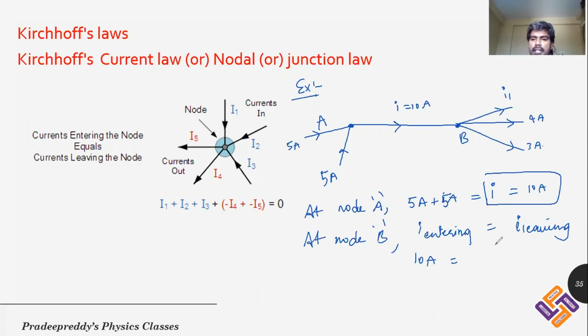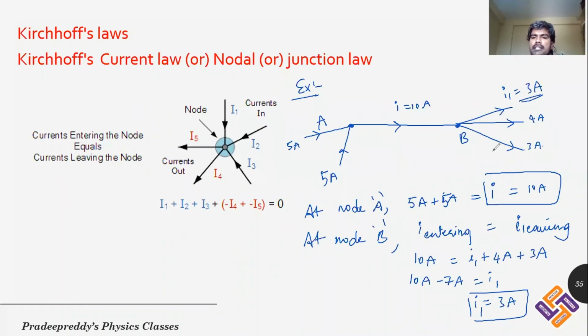And how much is current leaving? It is I1 plus 4 ampere plus 3 ampere. So 10 ampere minus 4 plus 3, that is 7 ampere, is equal to I1. I1 will be equal to 3 ampere. 3 ampere of current will be passing through this one. So I1 is equal to 3 ampere.